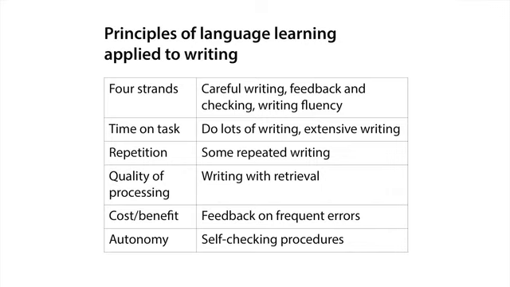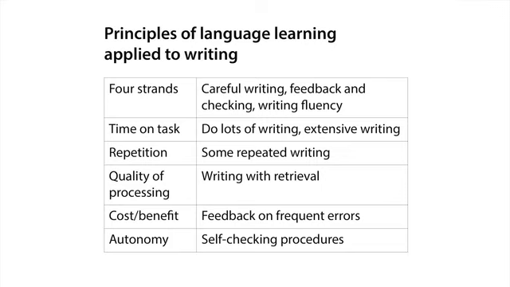The second time that they do the same piece of writing, they could just have a few cue words to help them and try to do the writing faster. Repeated writing provides repetition and repeated retrieval, which help language learning.